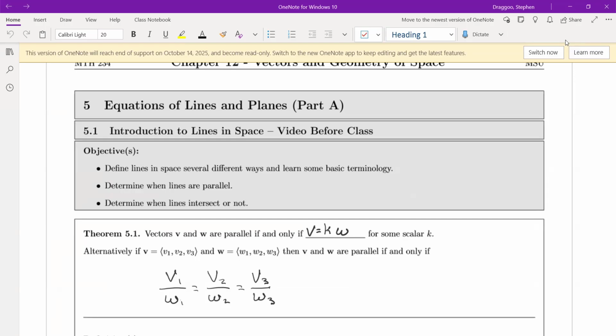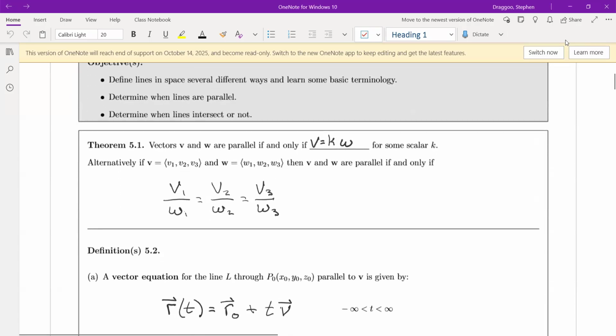A vector can be placed anywhere in three space and still remain the exact same vector, whereas lines need to have both a direction to go and specific points that they pass through. If you move a line somewhere else in space, it becomes a different line. Whereas a vector shifted to a different point in space will remain the same vector. So just a little bit of semantics to talk about at the beginning.